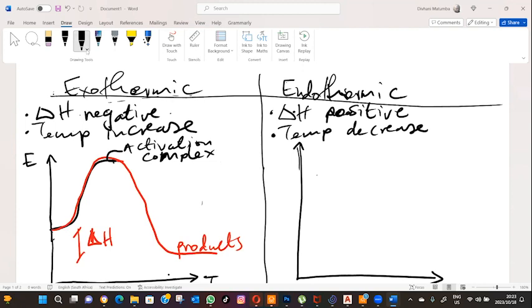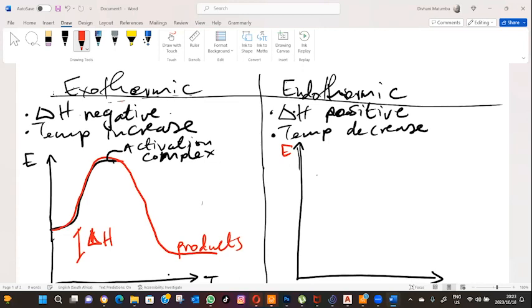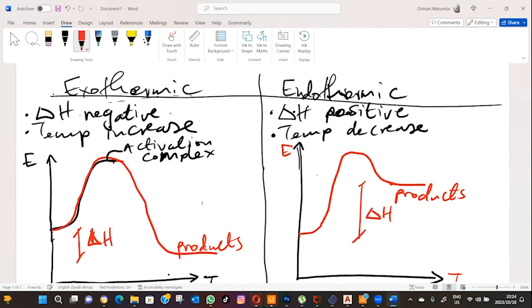So the graph will look like this. This is E, this is T. It will look like this: reactants, activation complex, product. This is the change in energy.